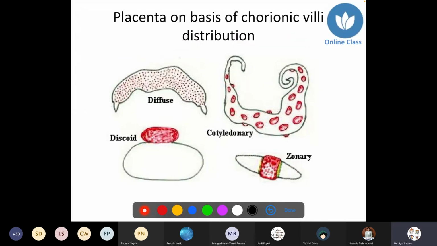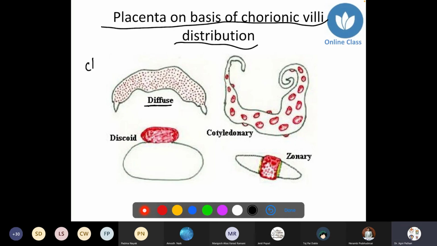So, placenta on the basis of chorionic villi distribution. Please write down the differentiation of placenta on the basis of chorionic villi distribution. First one is diffuse type.